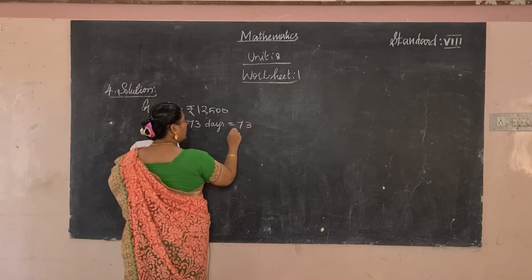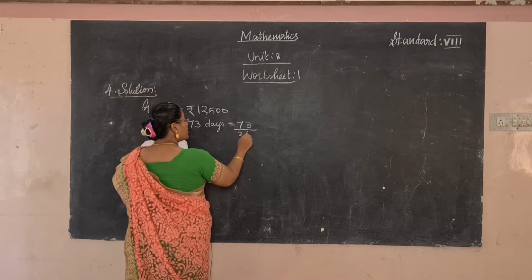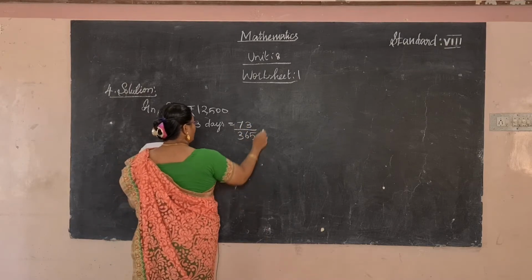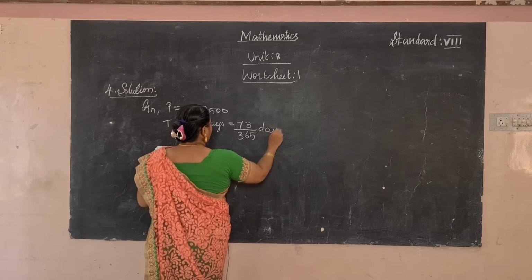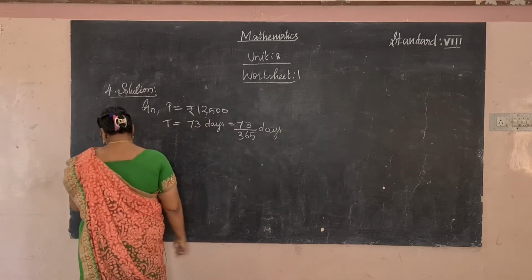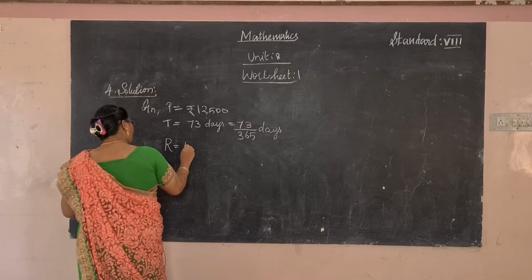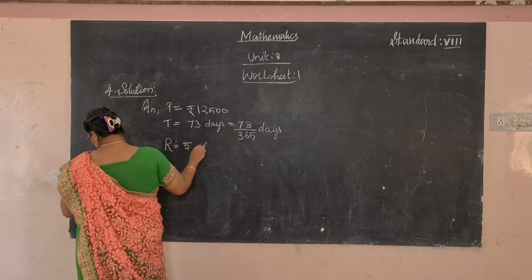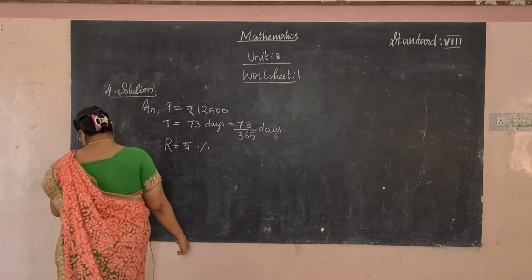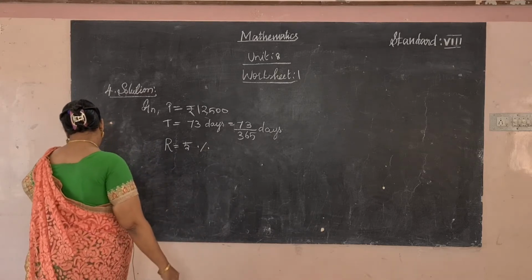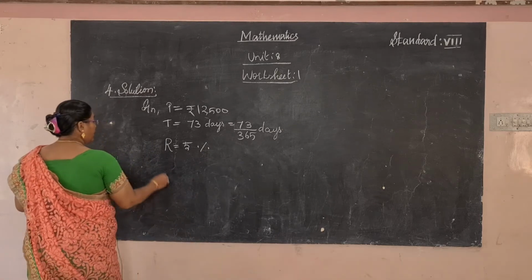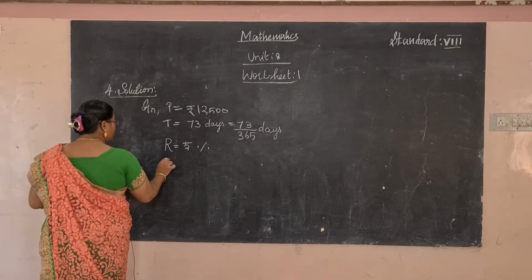So 73 by 365 days, out of 365 days. And rate of interest R is equal to 5% per annum.